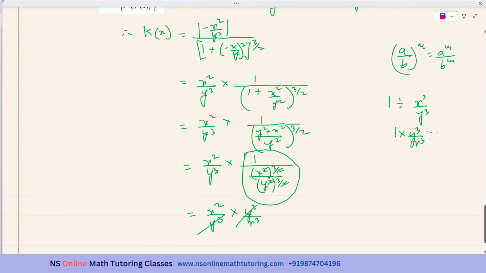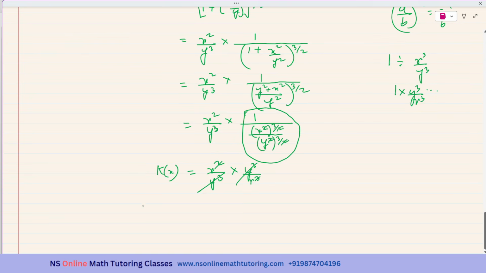So these two will be getting cancelled and you have this. This is k of x, the curvature. So therefore, k of x is equal to 1 over r, a positive constant. R is greater than 0, so 1 over r will also be greater than 0, a positive constant.